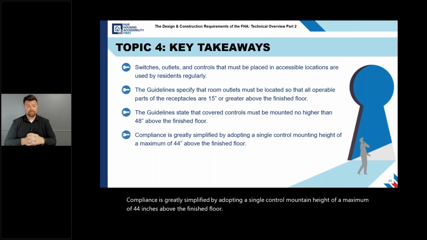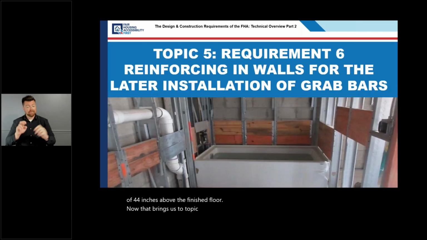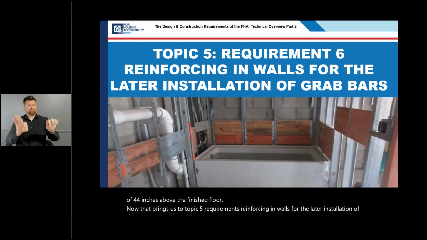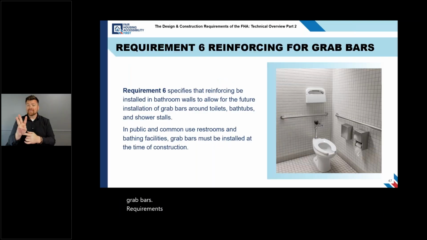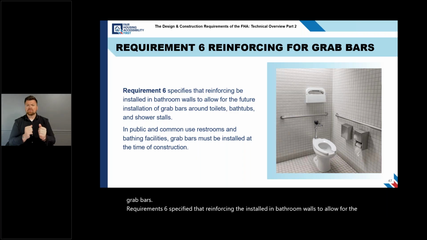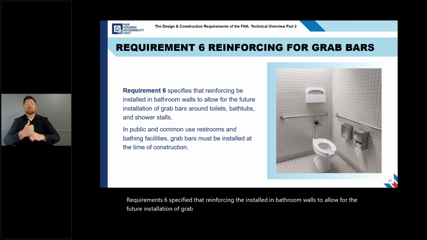Now that brings us to topic 5, requirement 6, reinforcing in walls for the later installation of grab bars. Requirement 6 specifies that reinforcing be installed in bathroom walls to allow for the future installation of grab bars around toilets, bathtubs, and shower stalls.